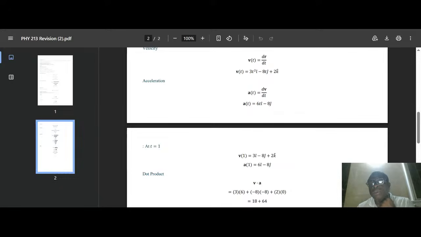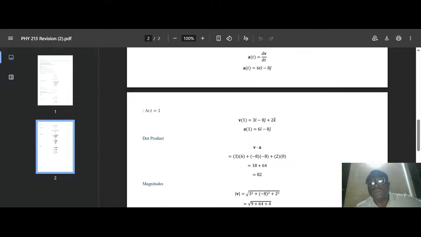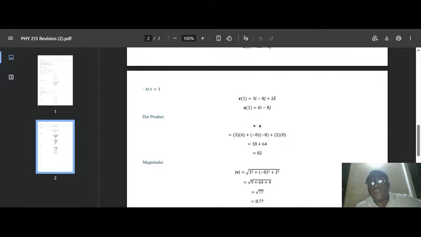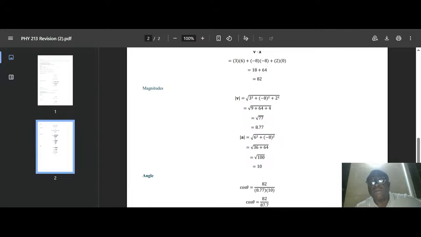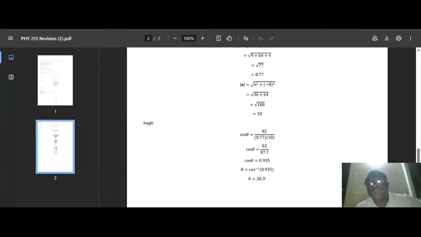We do the dot product v dot a and got 82. The magnitude of v is 8.77 and the magnitude of a is 10. So cos theta is v dot a, which is 82, divided by the product of the magnitudes, and that is where we arrive at 20.3.